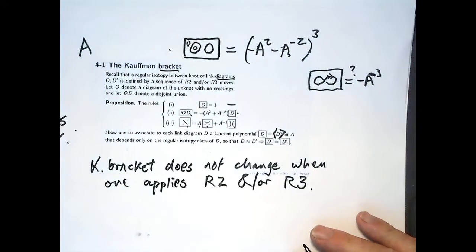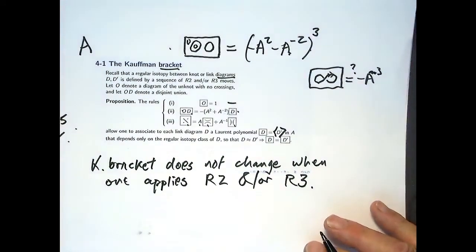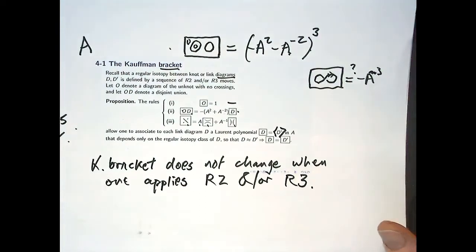If you remember that we mentioned this, I think, in week 2, there's the notion of regularly isotopic. Two diagrams are isotopic if you can get from one to the other using any of the Reidemeister moves, including the 0th move, which is essentially deformation in the plane.